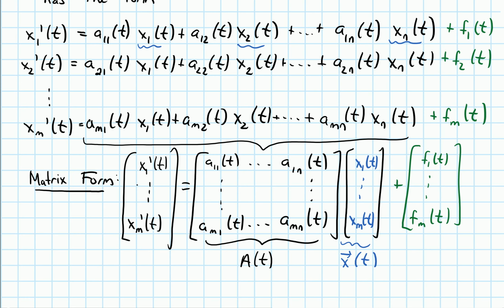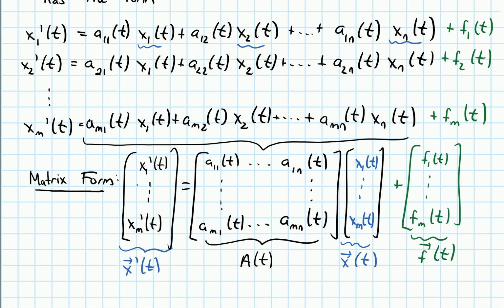Following that notation, this vector that has all the derivatives of the x's, I'm going to notate as x vector prime of t. When I see a vector with a prime to indicate its derivative, that means I'm taking the derivative of each of the entries. And finally this vector over here with all the f's, I'm going to call f vector of t.